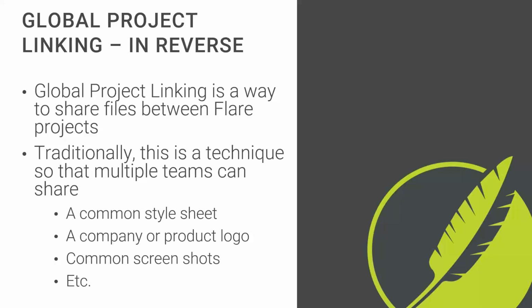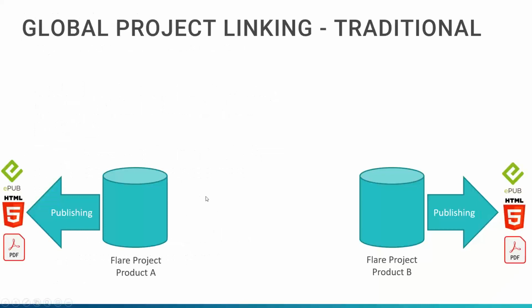This is where you would create kind of an umbrella or a corporate Flare project. You would put all of those common files in that corporate project, and it could then be linked to the production projects. Now, I realize that's probably not a great word picture, so let me do an actual picture. So we have 2 separate Flare projects.